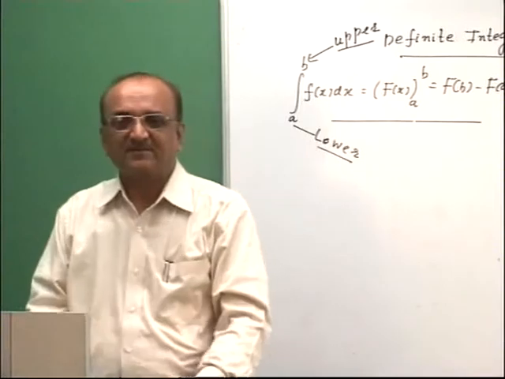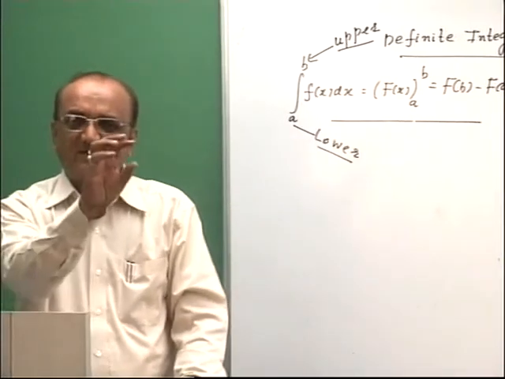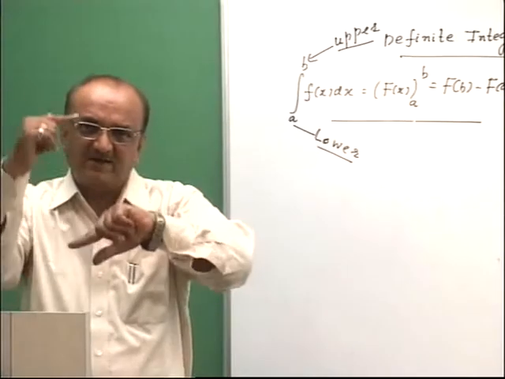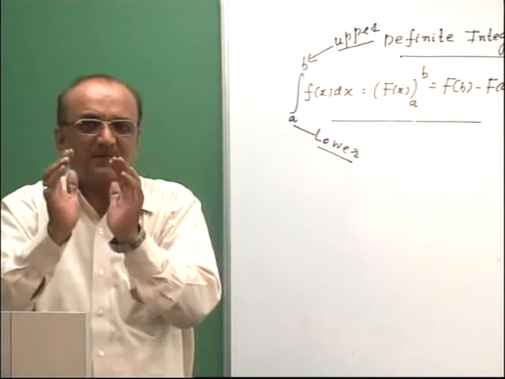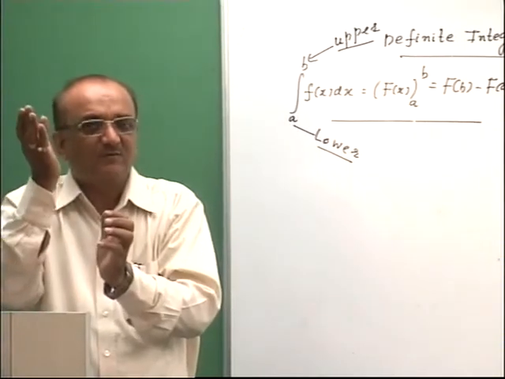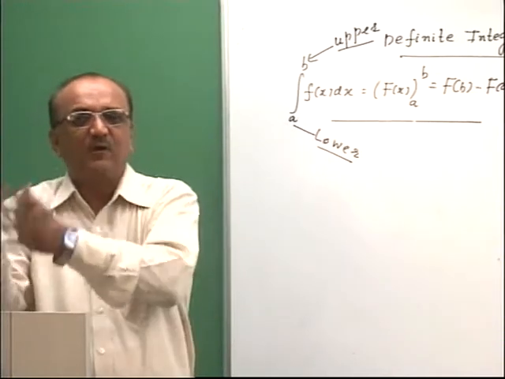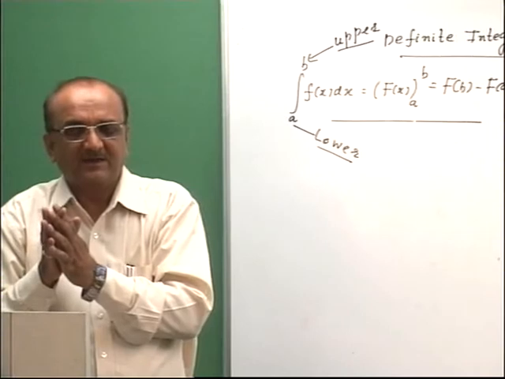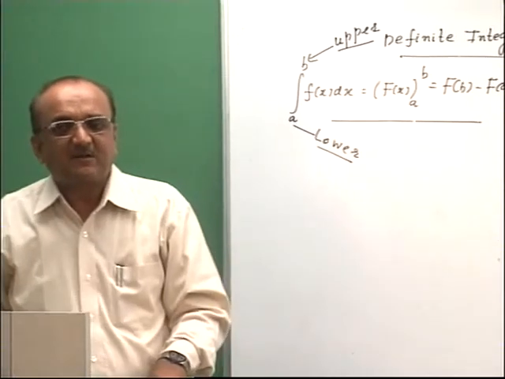Integral a to b f(x) dx equals the integration of f(x), capital F(x), running from a to b, lower to upper. After completion of integration, instead of the variable, put x equal to b, meaning F of upper minus F of lower. This is the only new point of this next chapter, first point.